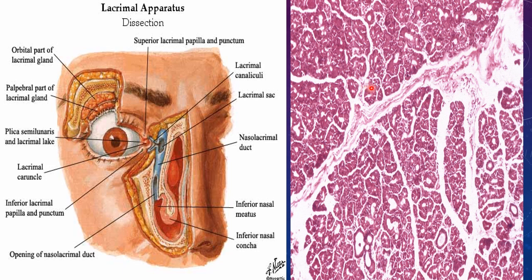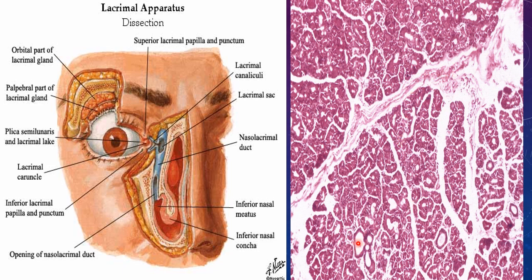The stroma of the lacrimal glands has loose connective tissue. So you can appreciate many acini with pyramidal eosinophilic secretory cells for the production of the watery secretion for the tears, and then the loose connective tissue.